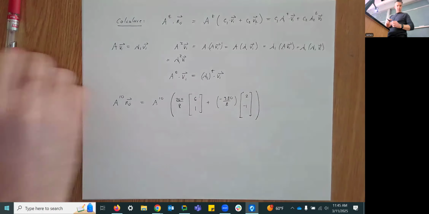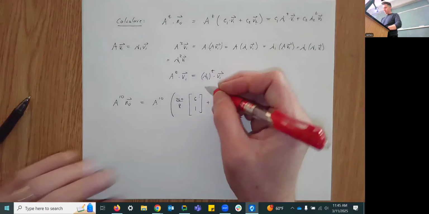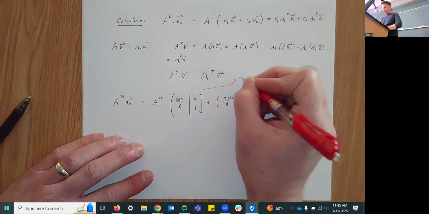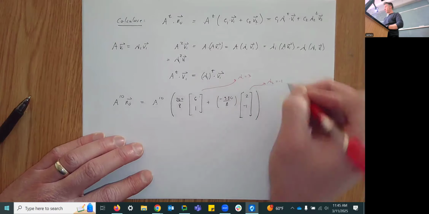I'll remind myself that our eigenvalues were, what, 3 and negative 1. So this eigenvector was associated to lambda equal to 3. This one was associated to negative 1.